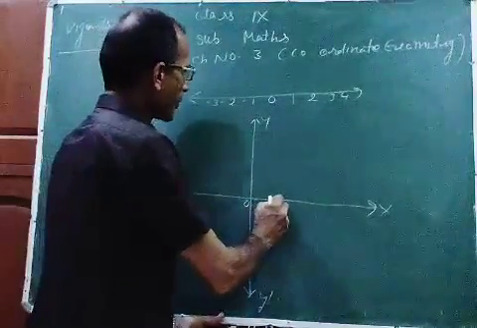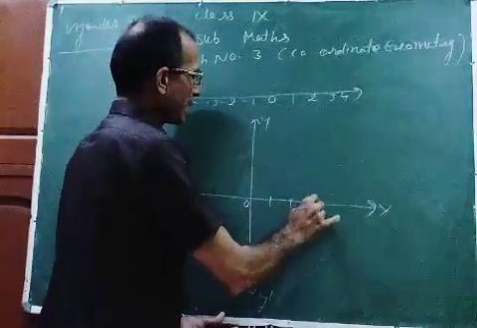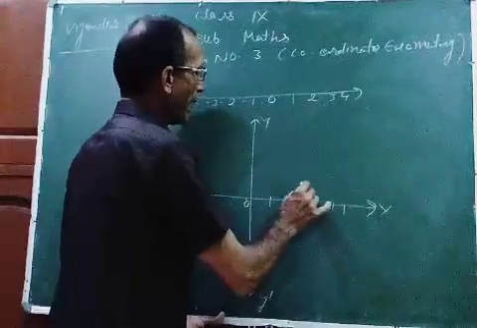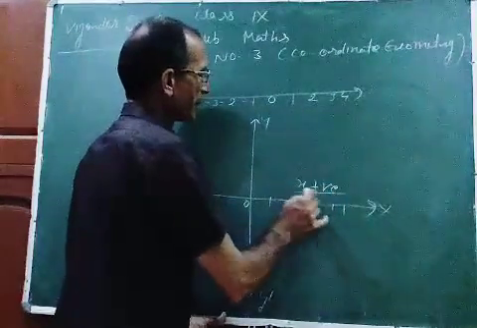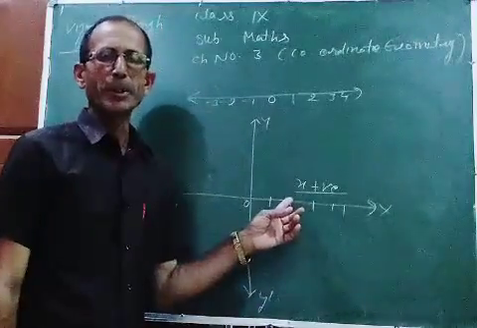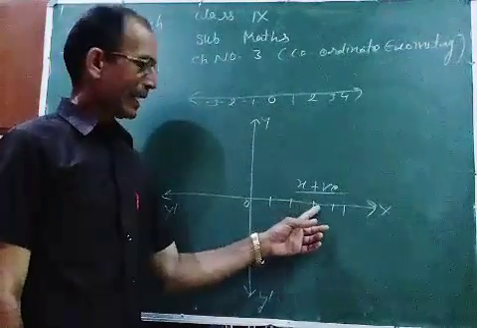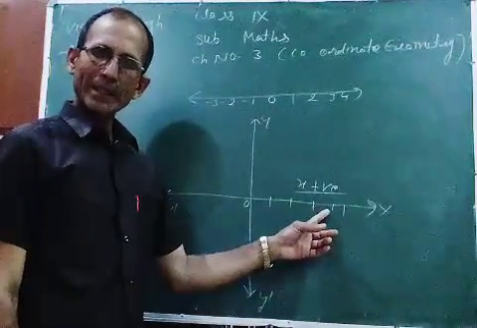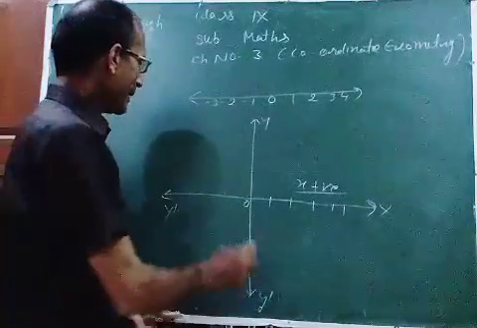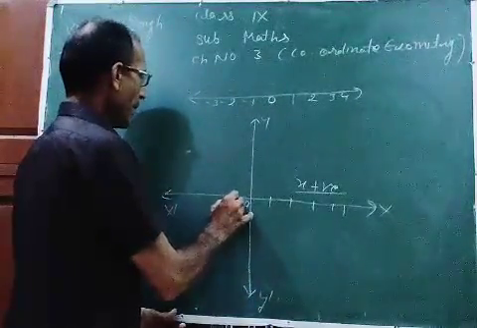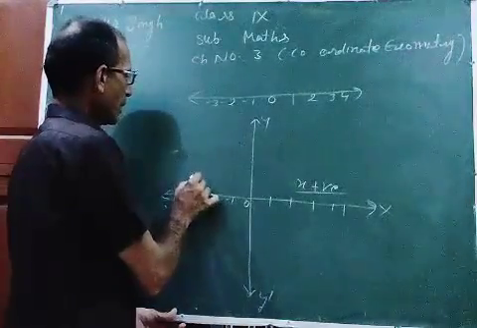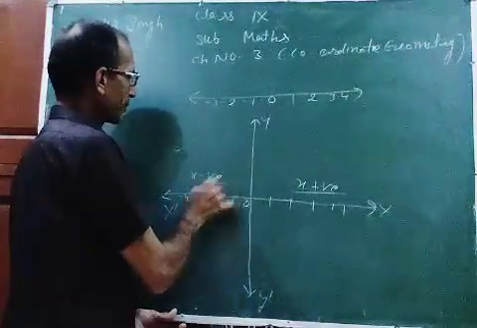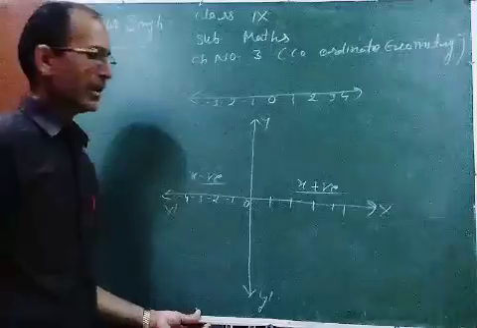So right side of the origin, the value of x will be positive. It means if you take a positive value of x, it will be taken on the right side, and this is the left side, minus 1, minus 2, minus 3, minus 4. So this is the negative value. Yes or no?